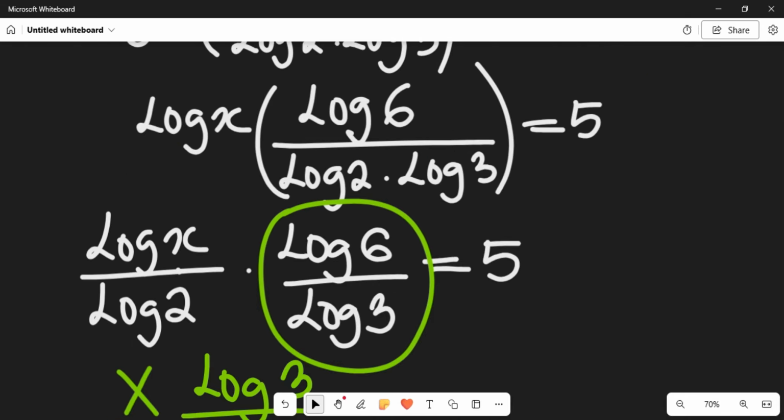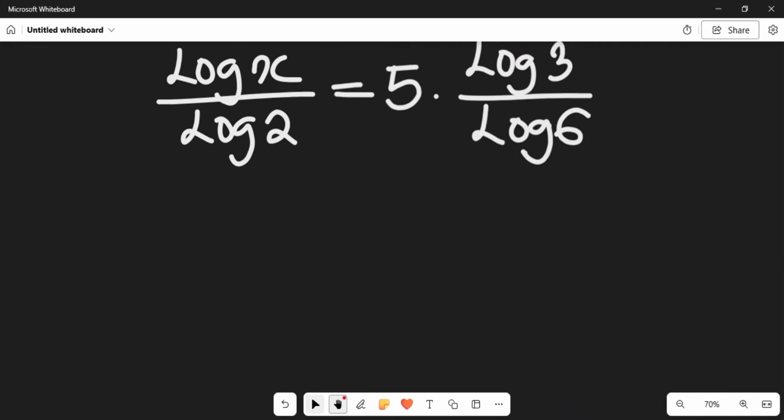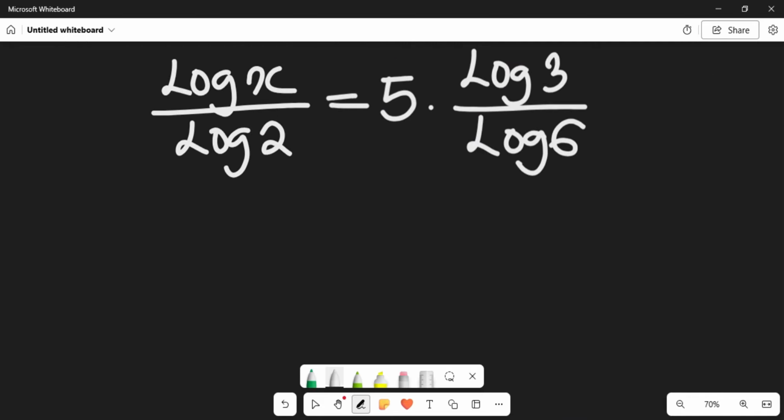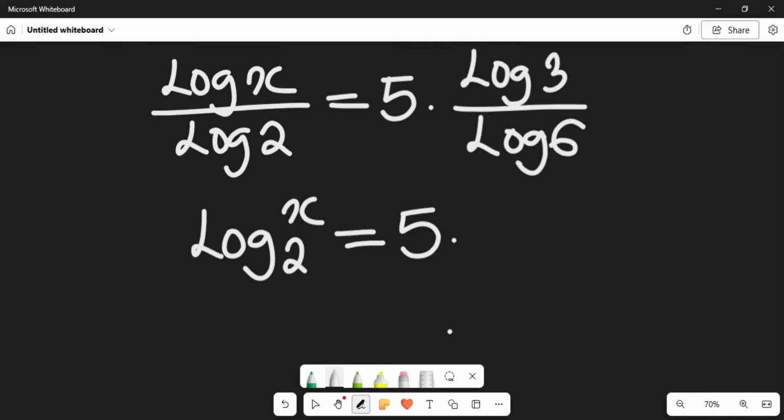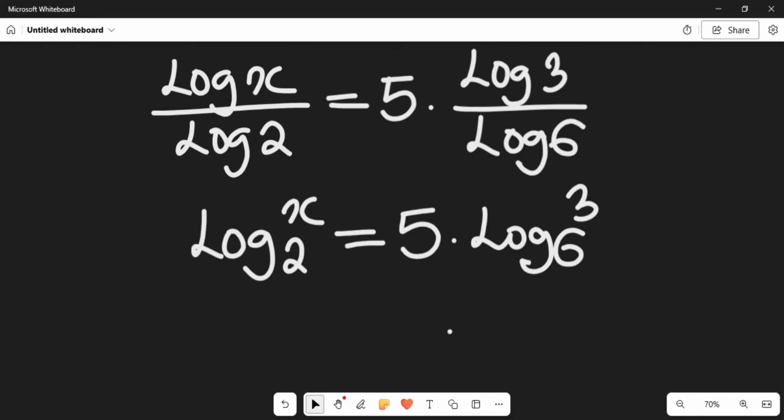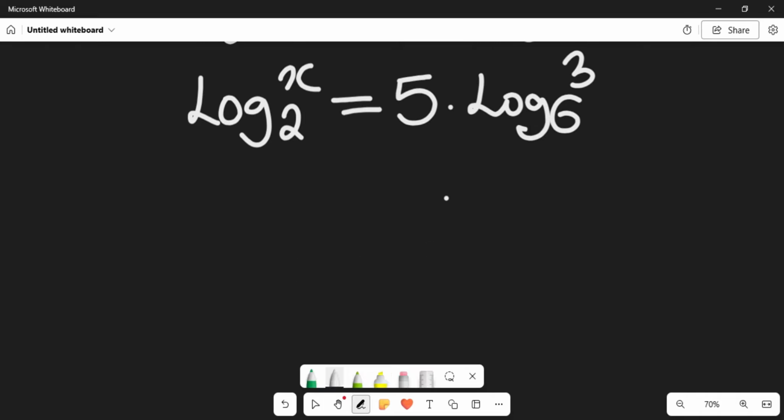We are going to simplify that using this principle. Now if we simplify using this principle, this expression will simply give us the log of x base 2 equal to 5 multiplying the log of 3 base 6, right?